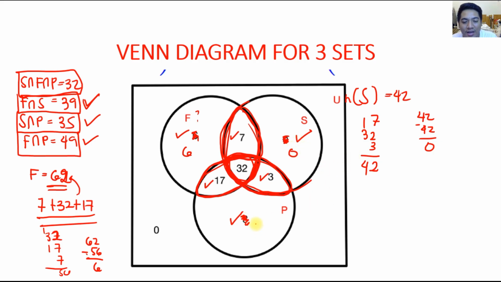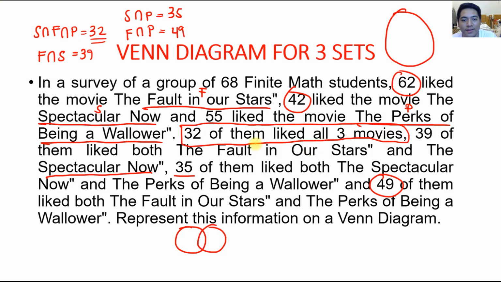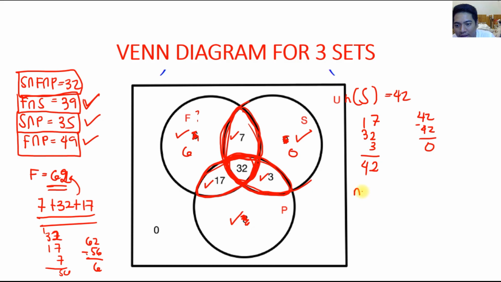So last but not least, how about for the Perks? It says 55 like the movie The Perks alone. So N of Perks is 55. So I'm going to add 17, 32, and 3.